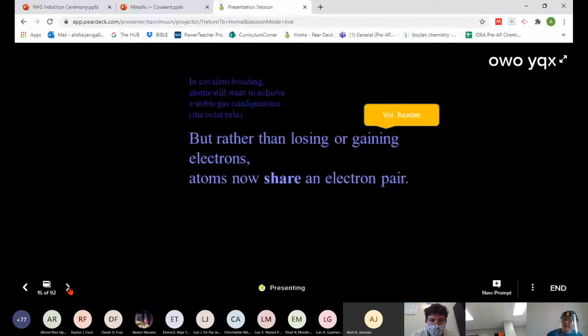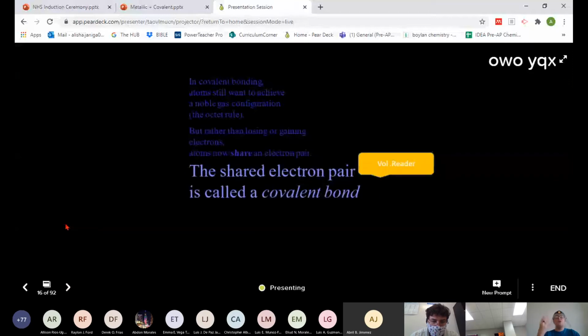They're not taking electrons, they're sharing them. When they share electrons, that's what we call a covalent bond. The prefix co means to be together or to share. So if you're covalent, you're sharing your valence electrons in a bond.